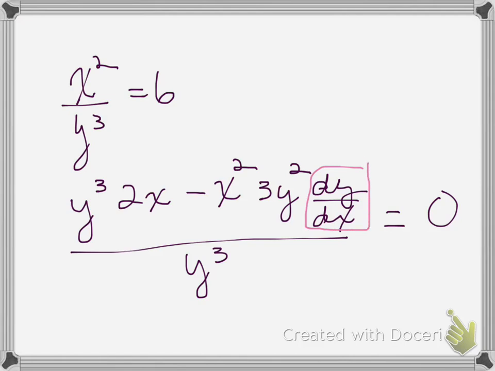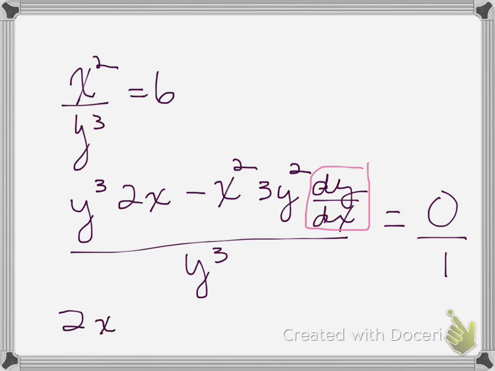So what will I do? Well, it looks to me like I can do cross products and get myself started. So cross products, I get this numerator times 1 equals the denominator times 0. So what does that get for me? So I'm just going to clean this up as I go.